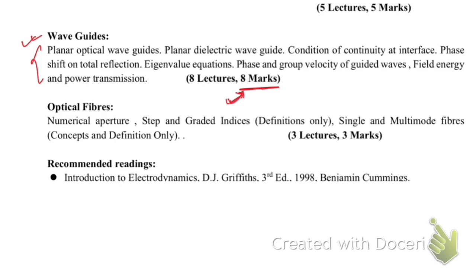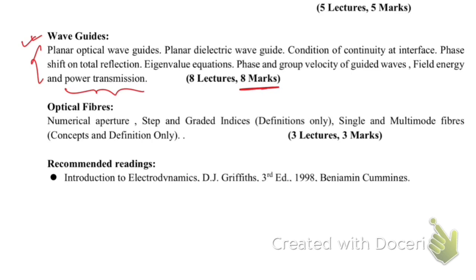So if you complete these topics, then out of 8 at least you can score 6, right? So I haven't seen any questions on power transmission yet. Maybe there is, I haven't noticed.